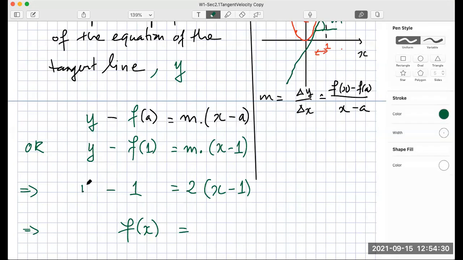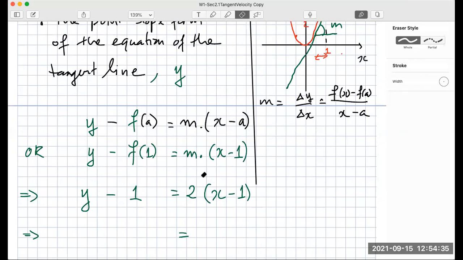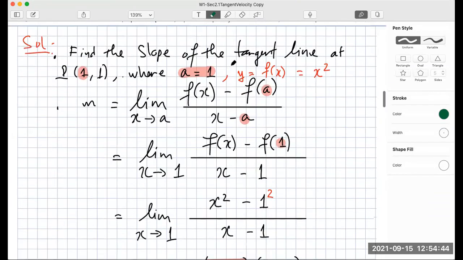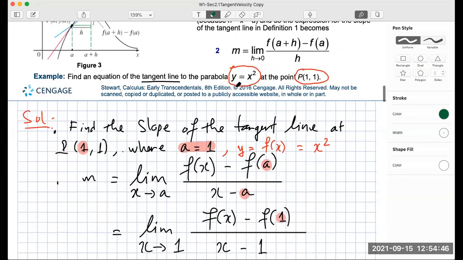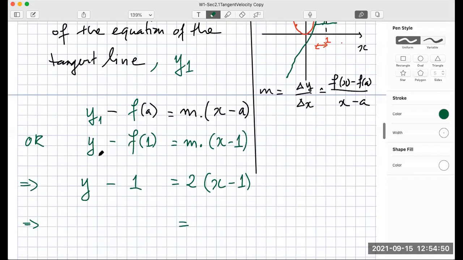Should we call it y1? Because in the example here, we named y this parabola. Just don't be confused with that. It's just a name, but the meaning is the same. It doesn't change the meaning.